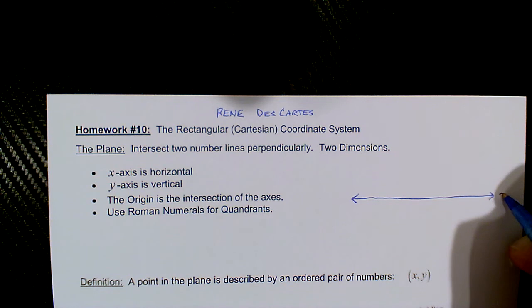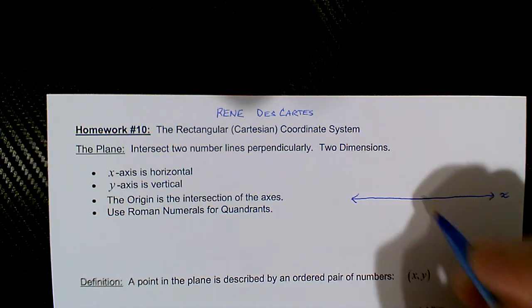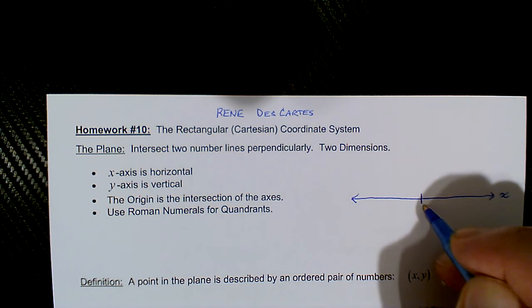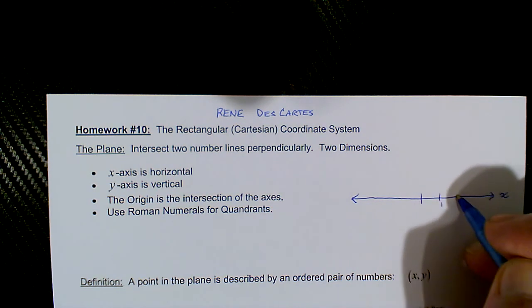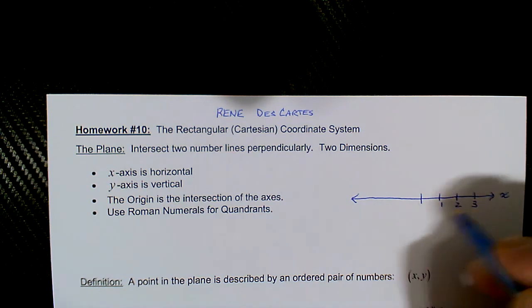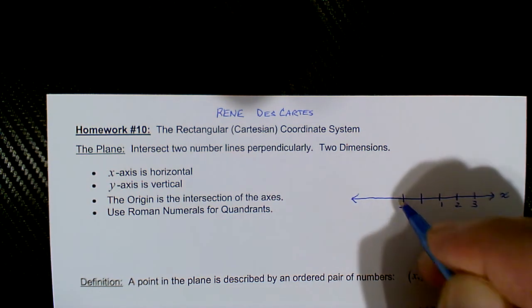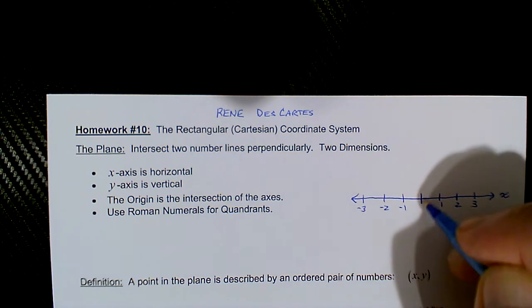So this is an x-axis, and we typically will label it as x, off to the right. We have a starting point of 0, of course, but I'm not going to label that. I'm going to label the 1, it's just a number line, so 1, 2, 3 to the right of 0, -1, -2, -3 to the left of 0.